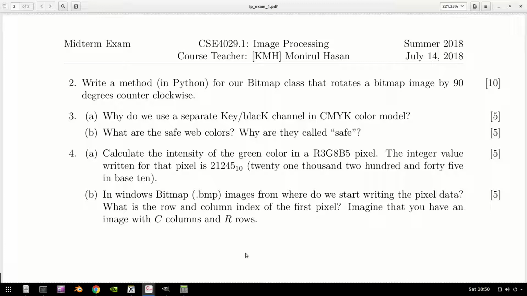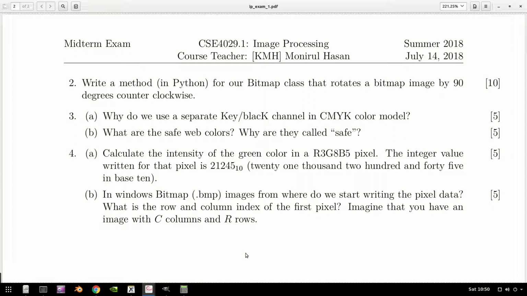Okay, so for part B, we have a Windows BMP image, and I wanted to know, where do we start writing pixel data? What row and column gets written in the very first pixel?